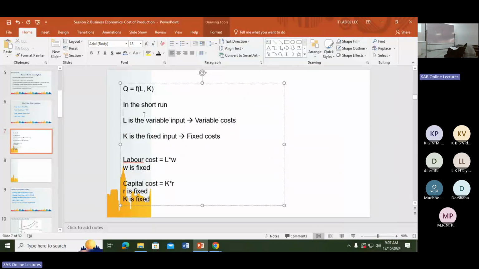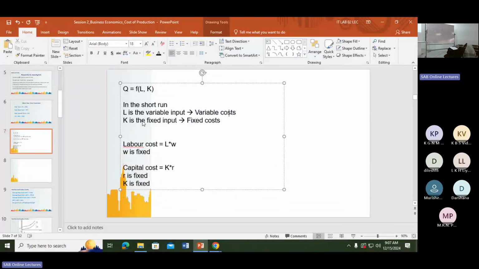In the short run, labor is the variable input, capital is the fixed input, as we assume. So capital is always fixed. So the total cost of capital is always fixed, because R is fixed and capital is fixed.